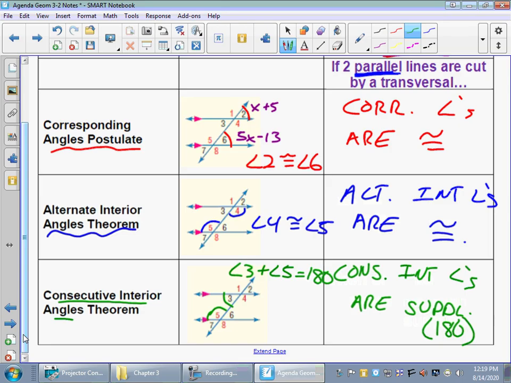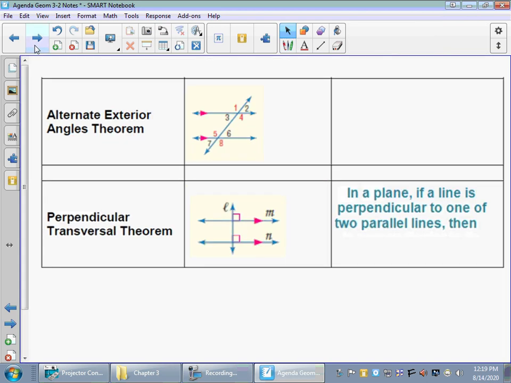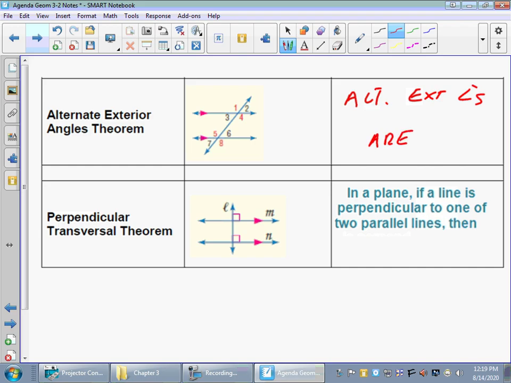A couple more, because there's another angle relationship we haven't talked about yet, and that's the alternate exterior angles theorem. Just like the first two, if two parallel lines are cut by a transversal, then alternate exterior angles are congruent. Most of them are congruent.